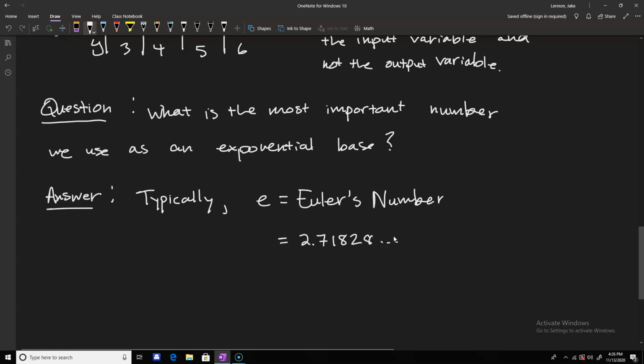How does this number arise naturally in math is the other question you want to think about. Where did it come from? How do I get that decimal expansion?